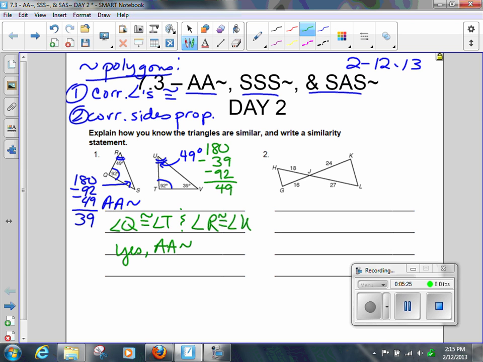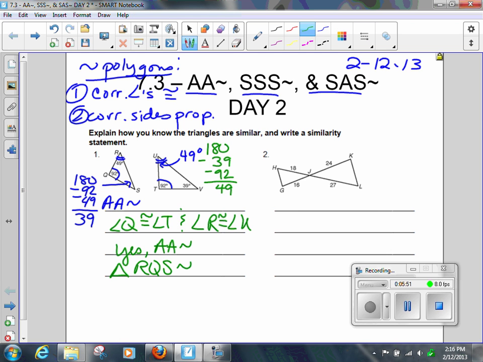Now you got to come up with a similarity statement. So it's going to be triangle what? Michael, get us started. This is the part you can never get wrong. You always want to be on the first part of this. You name the first triangle. RQS.